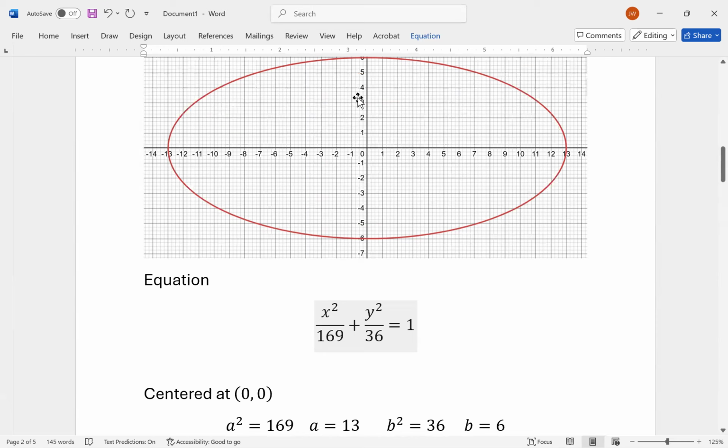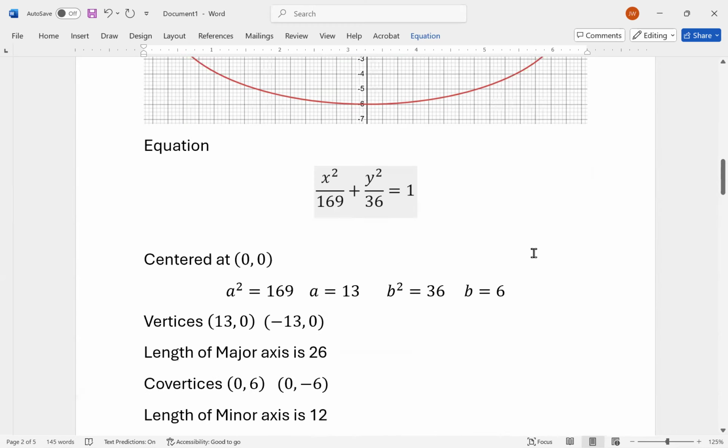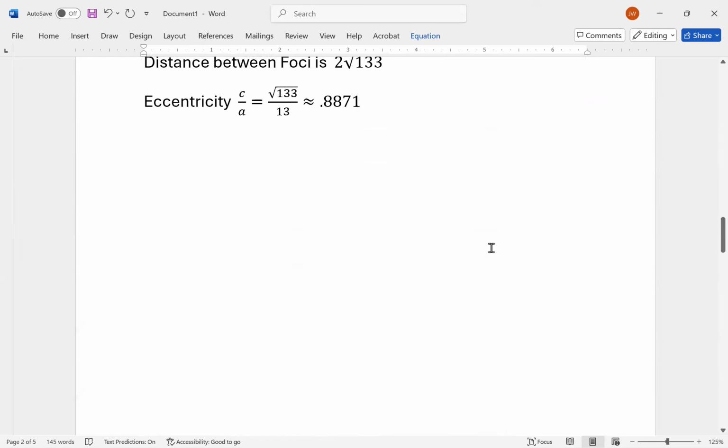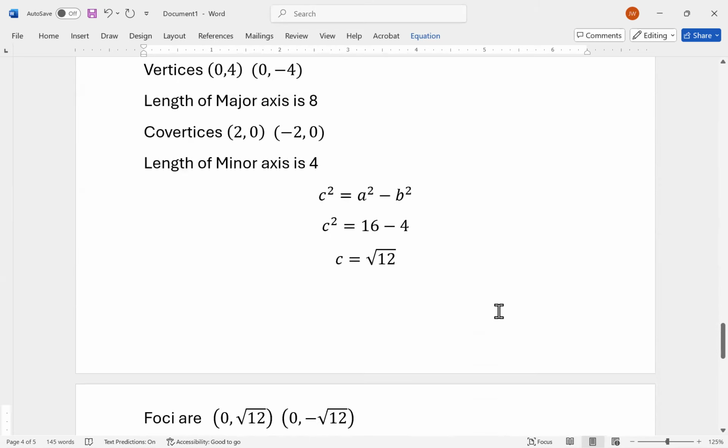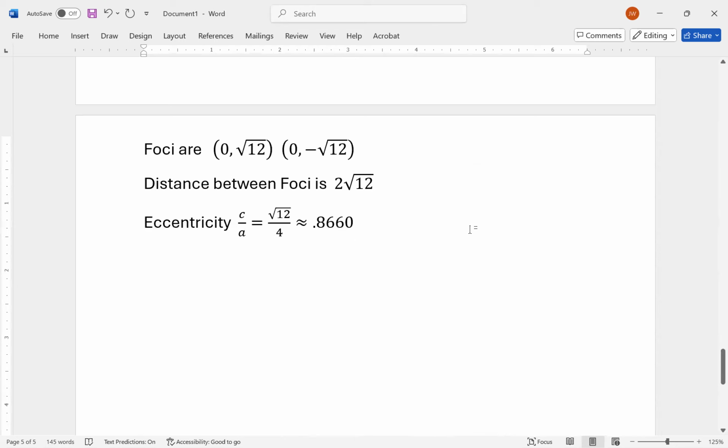The closer you are to a circle, the closer that eccentricity is going to be to 0. And the more and more stretched out you get, the closer that eccentricity is going to be to 1. But in this case, it came to about 0.8660. Again, some number between 0 and 1.